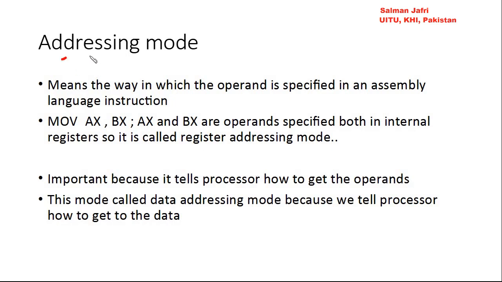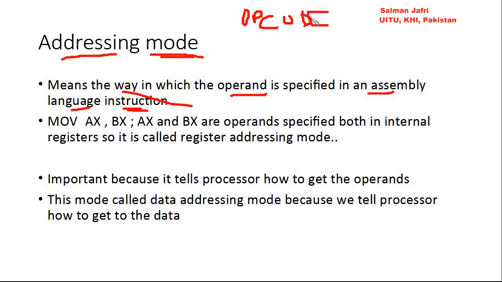So now, what does addressing mode really mean? Addressing mode means the way in which the operand is specified in an assembly language instruction. When we talk about an assembly language instruction, we have an opcode followed by operands.